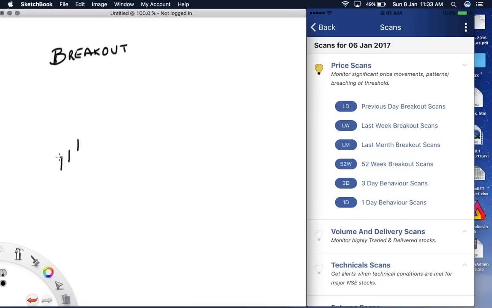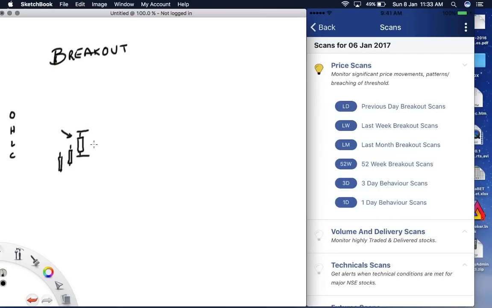A 3-day breakout means you will check the highest point and the lowest point of the last 3 days.